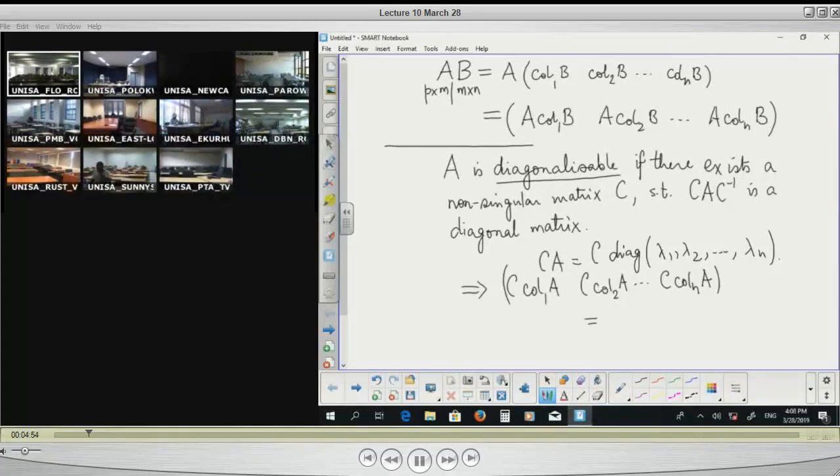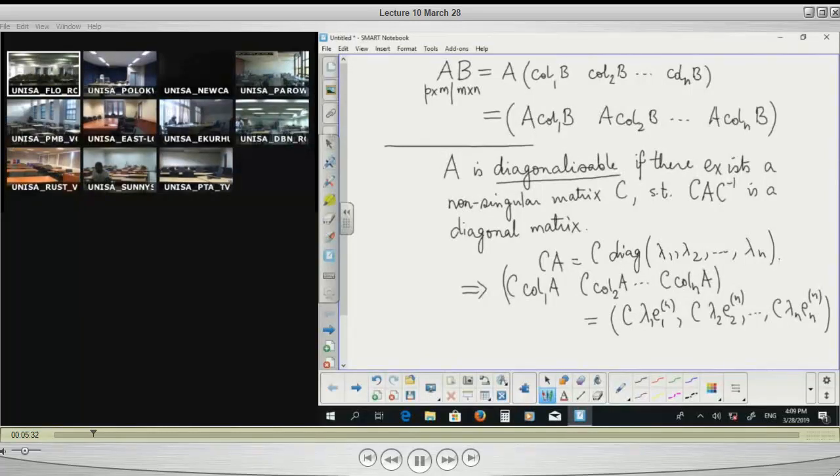So this is actually C times, where these are the standard basis vectors, right? 1 0 0 0, 0 1 0 0 and so on.